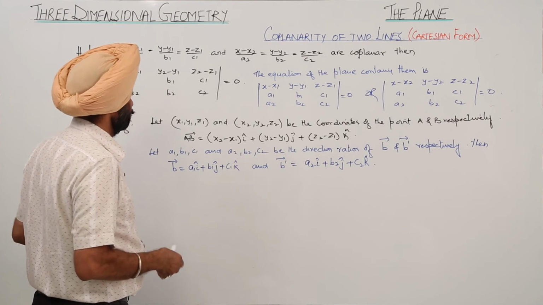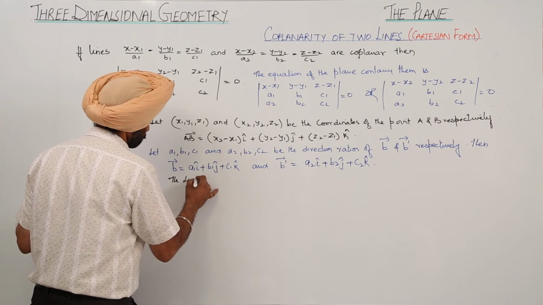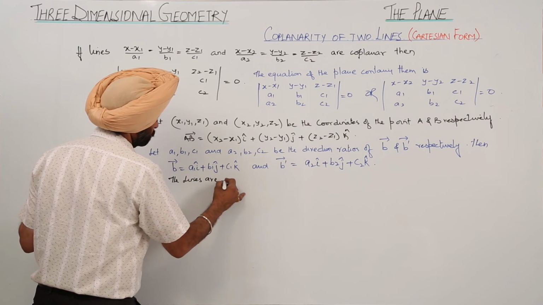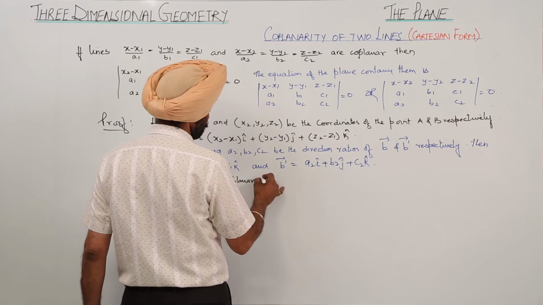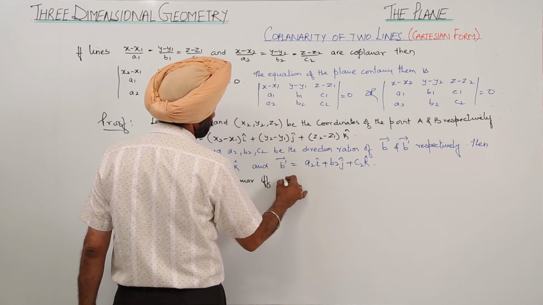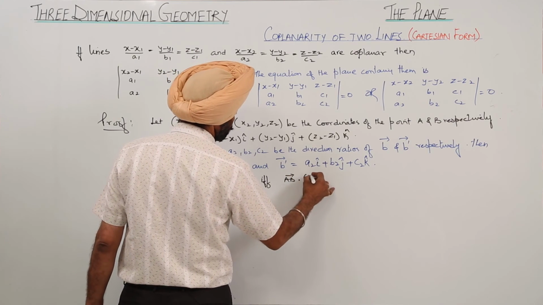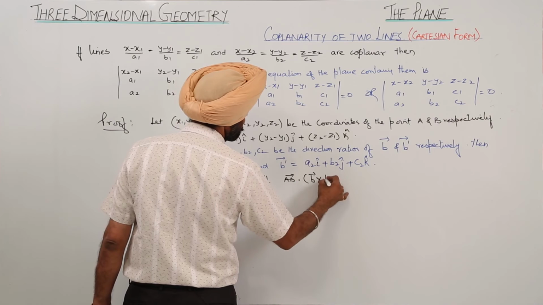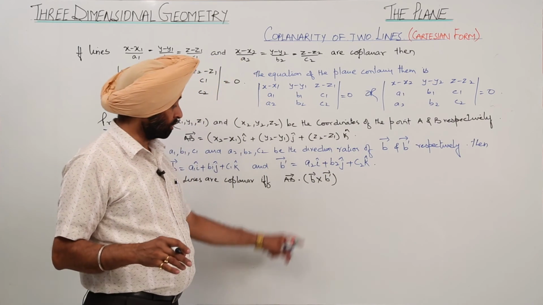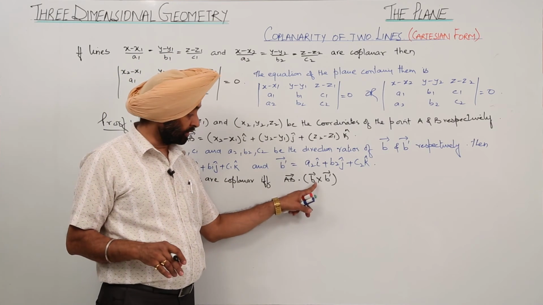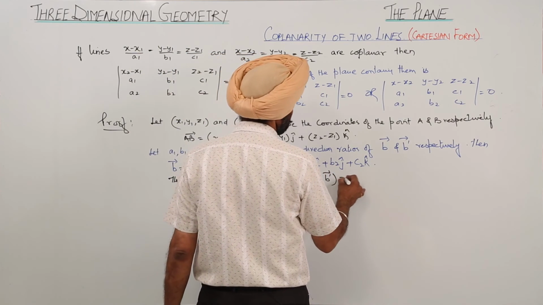Now, the lines are coplanar if and only if the dot product of vector AB with the cross product of vector b and vector b dash is equal to 0.